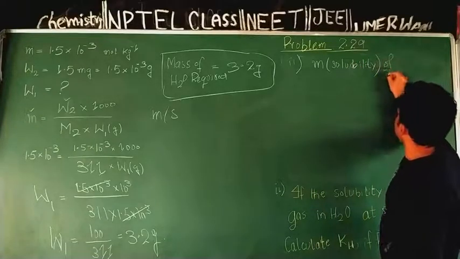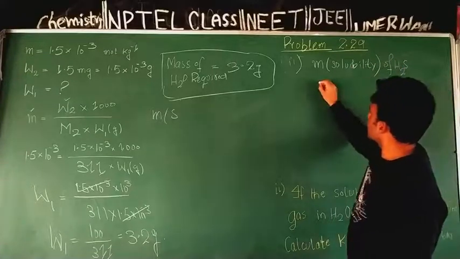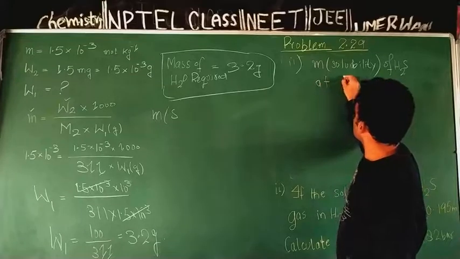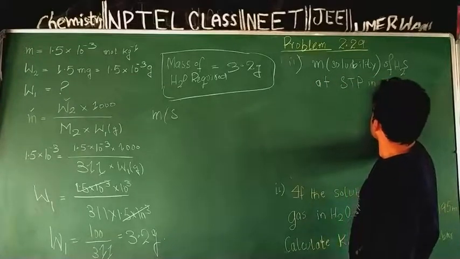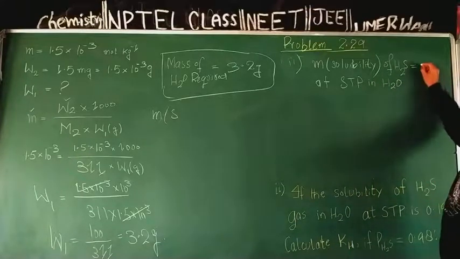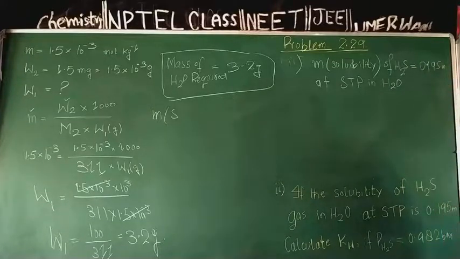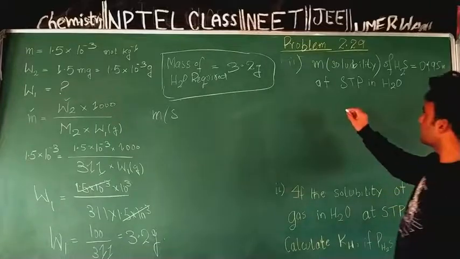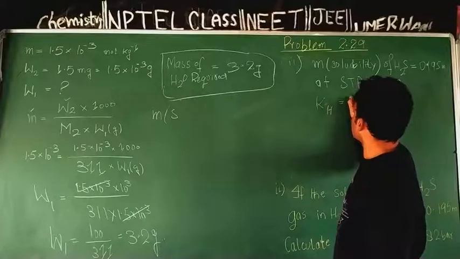Molality of hydrogen sulfide, which represents its solubility at STP in water, is given, and how much? 0.195 molar. Now what we need to calculate? We need to calculate Henry constant, KH.